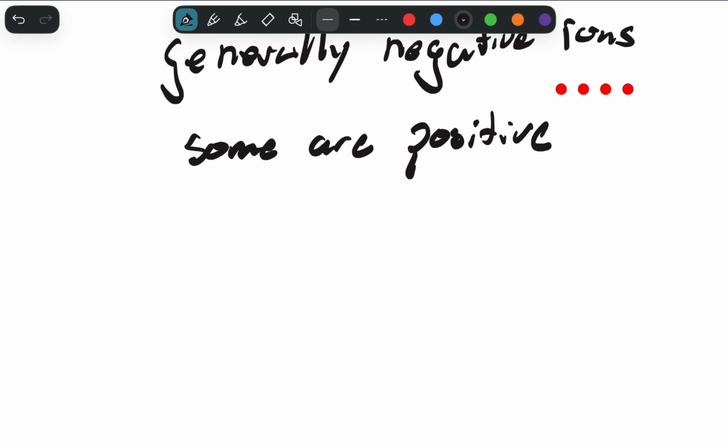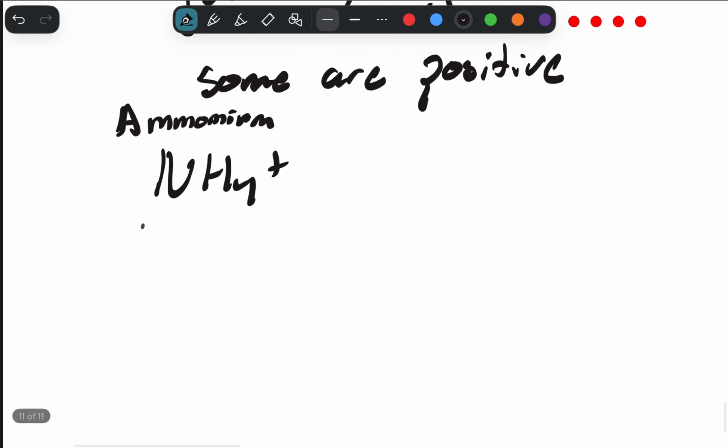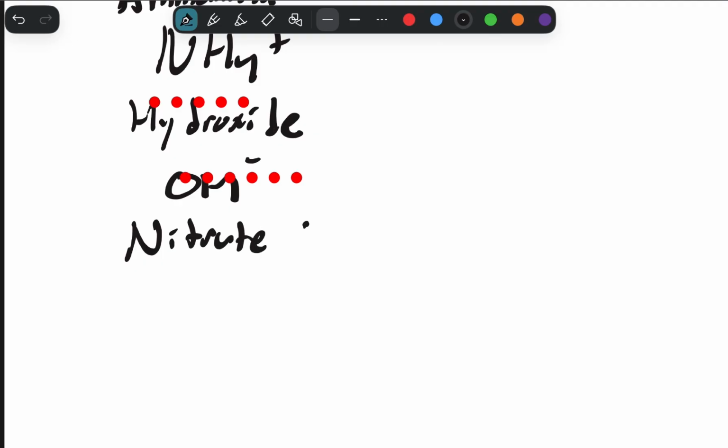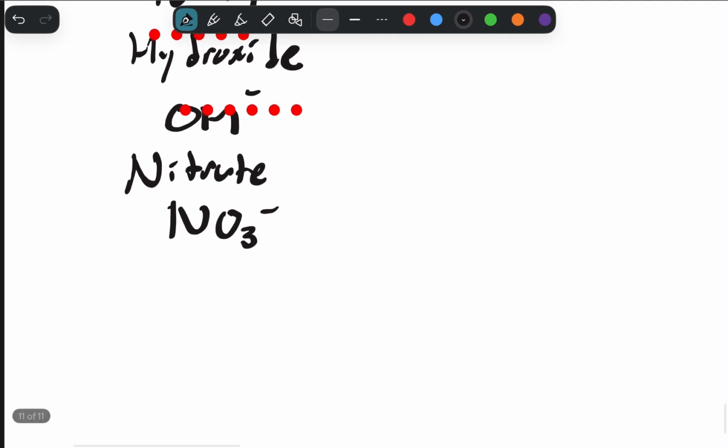But anyways, NH4, which is ammonium. Hydroxide, which is OH minus. Nitrate, which is NO3 minus.